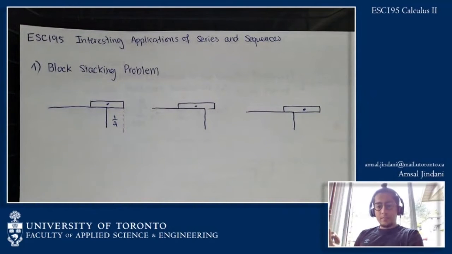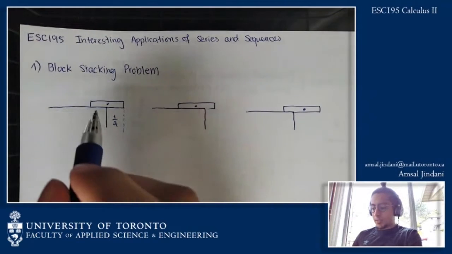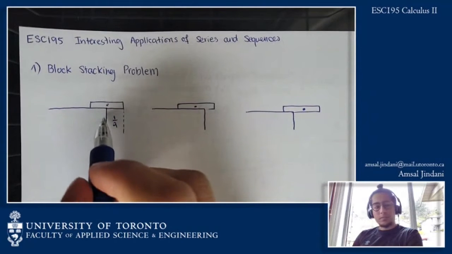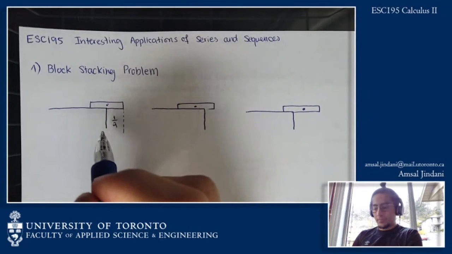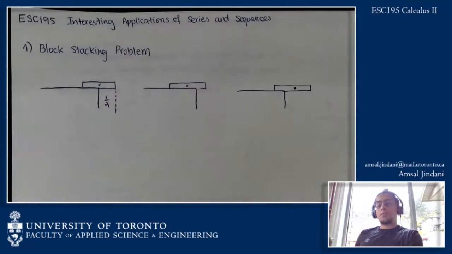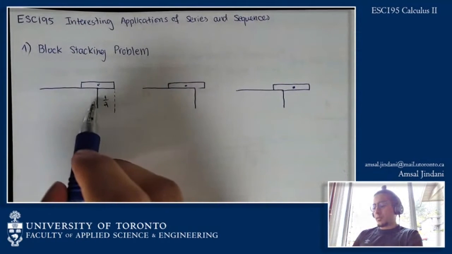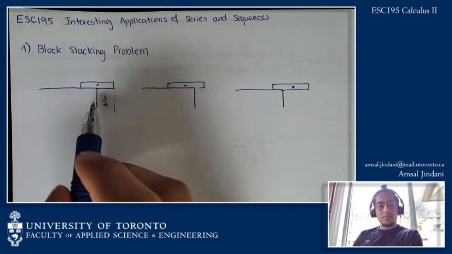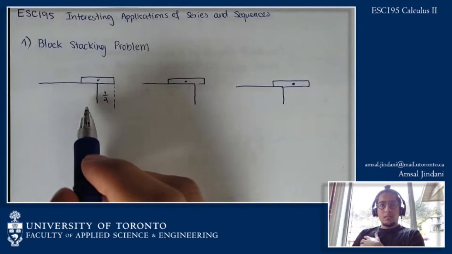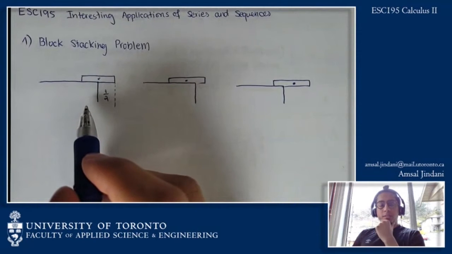And the idea behind that is that we want the center of mass of our stack of blocks, in this case one block, to be right above the edge of the table. So if you want to figure out how far this overhang of the blocks is going to be for n blocks, we're going to do that using induction.